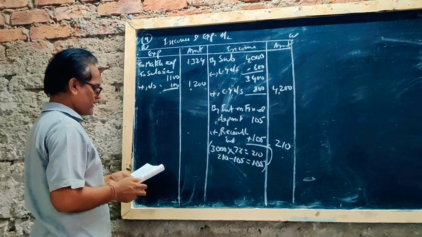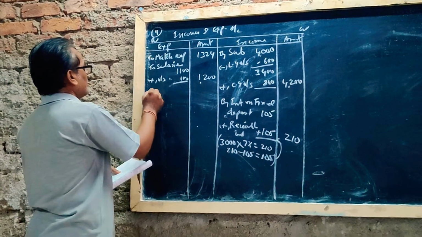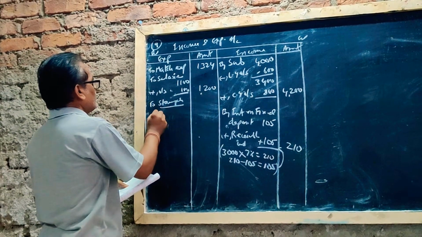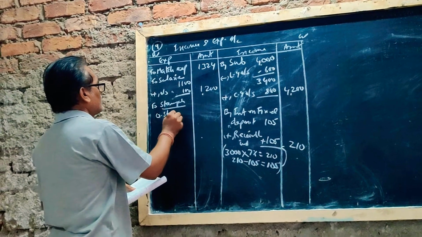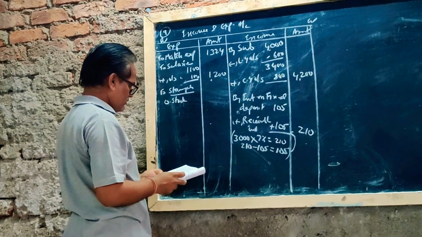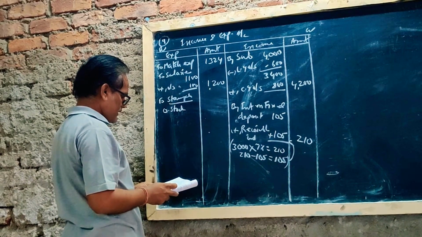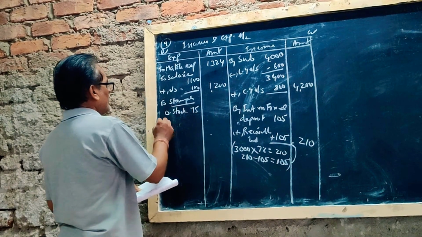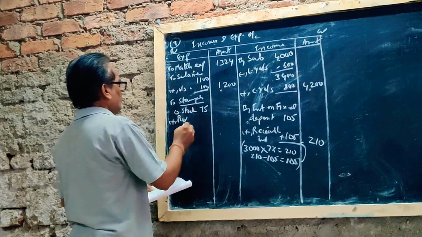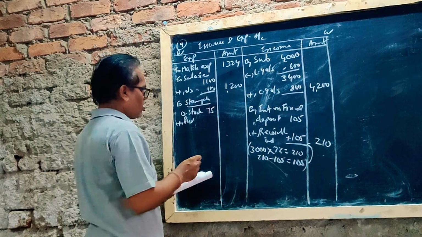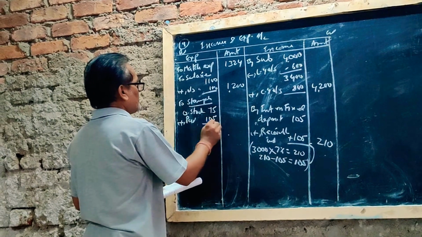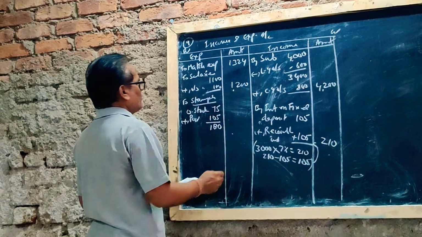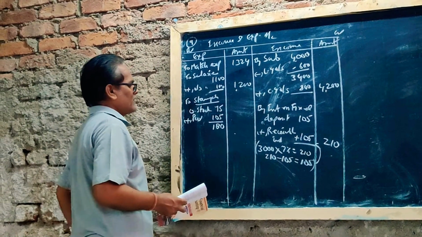Next, purchase of postage stamps. So right here, stamps: opening stock. See the second adjustment, postage stamps 75 rupees opening. Again we purchased stamps 105. So at the end of the year you should have 180 stamps.